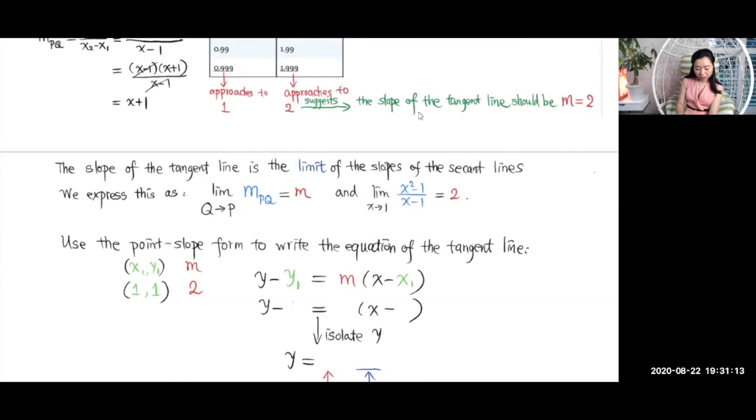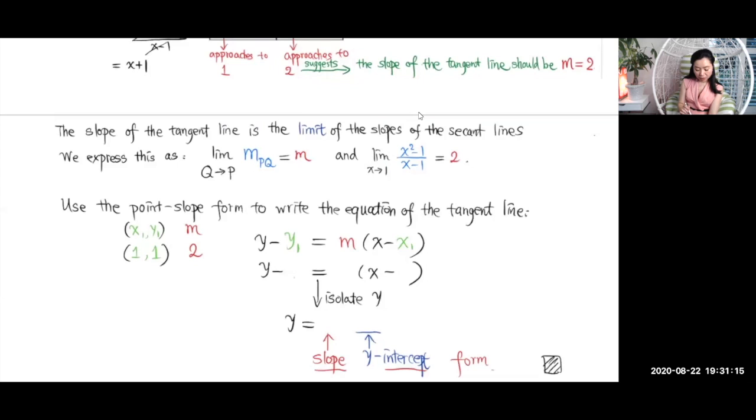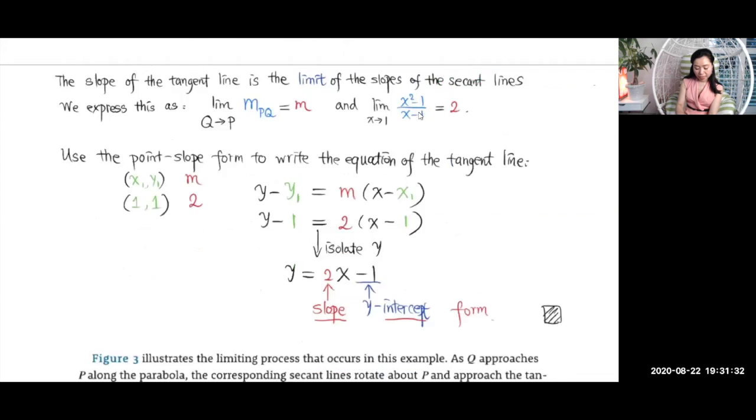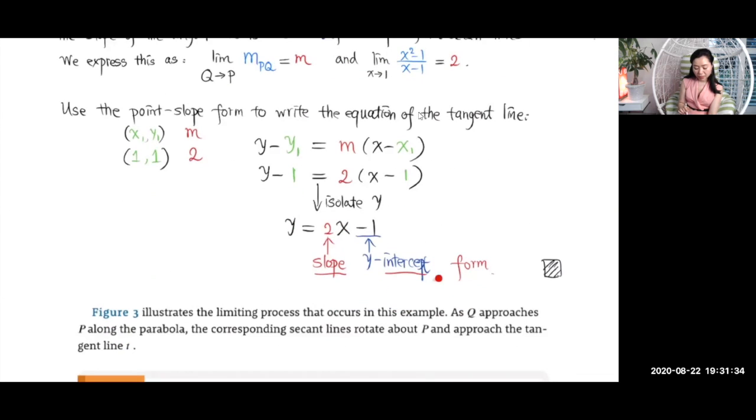So using the point slope form, we have y minus 1 equals 2 times x minus 1. And when you isolate y, we get y equals 2x minus 1. And that's the equation for the tangent line. This is called slope-intercept form because this is the slope and this is the y-intercept.